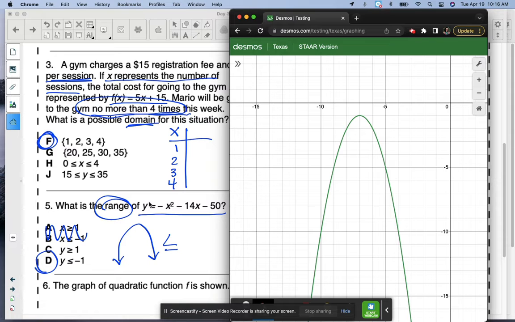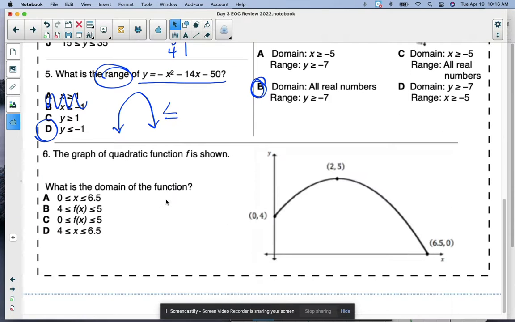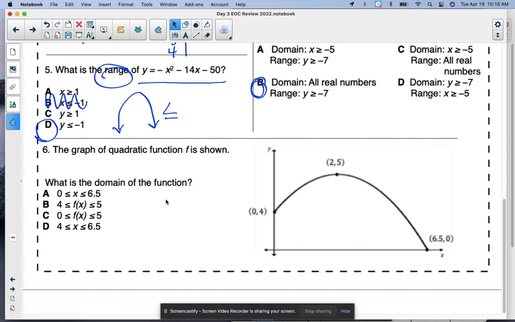So we have one more question left. We're going to look at number 6. And so we're given the graph of a quadratic function. We need to find the domain. So again, domain is x, so we can get rid of B and C. Because if I see f of x, that's the same as y. So again, f of x is the same as y.